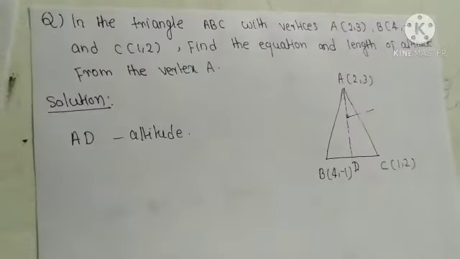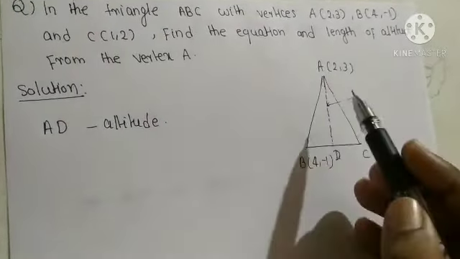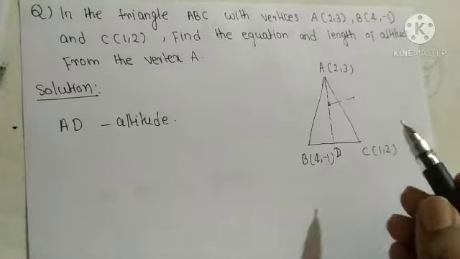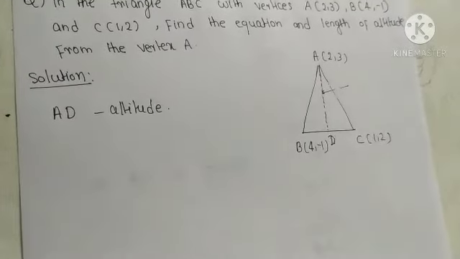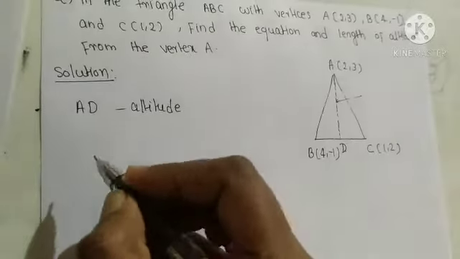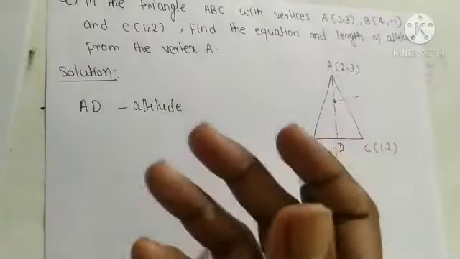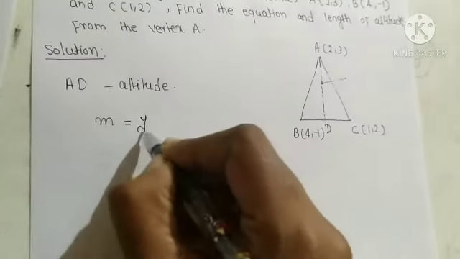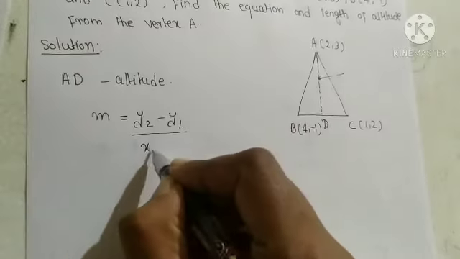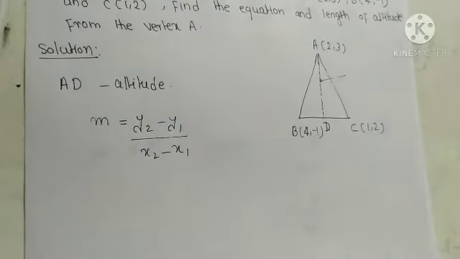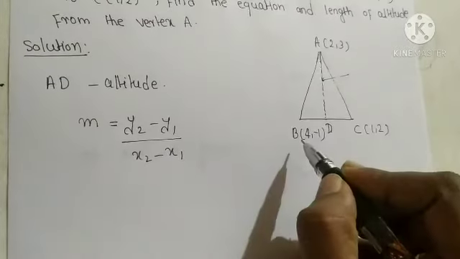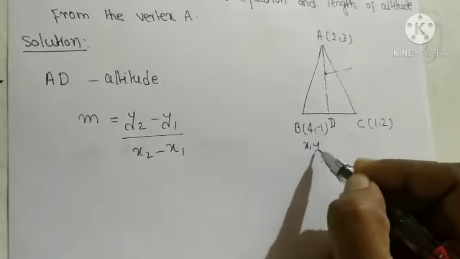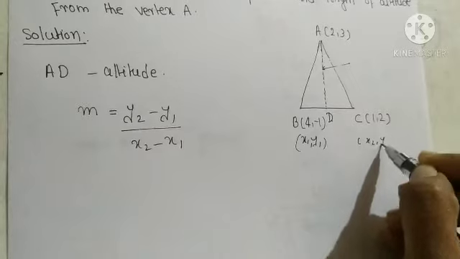So first I am going to find the equation of this altitude AD. For that we need to find the slope of BC. We know that the slope of a line, if 2 points are given, can be found by m equal to (y2 minus y1) divided by (x2 minus x1). Note that this is our x1, y1 and this is our x2, y2.